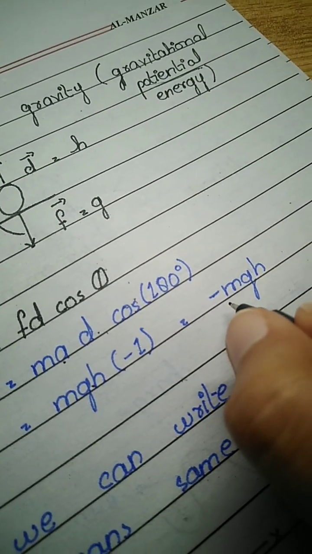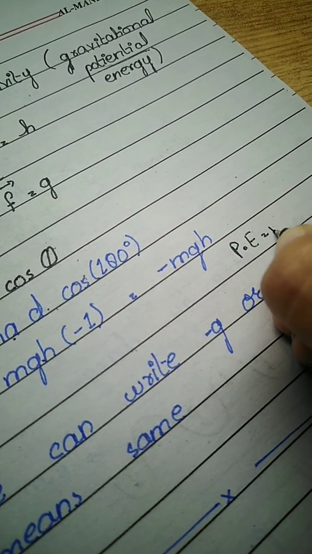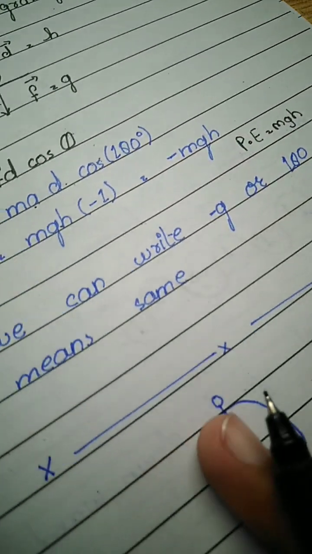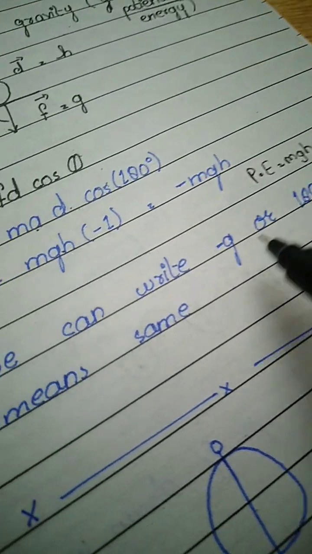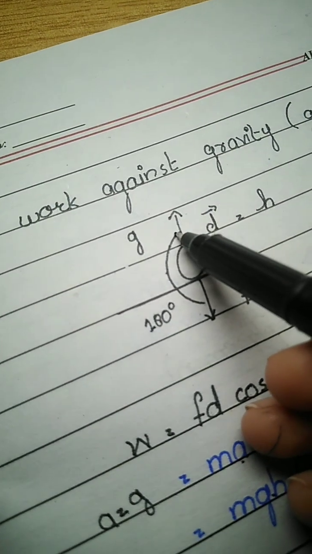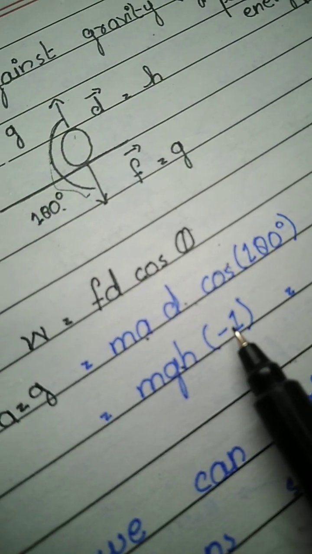We call it potential energy because the formula of potential energy is mgh. That's why we call it gravitational potential energy. We can write minus g or 180, it means the same. If we place 180 in the condition, it will be equal to minus 1.